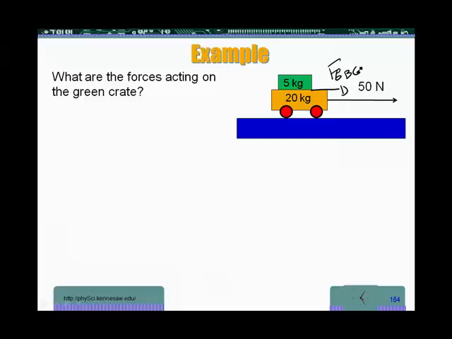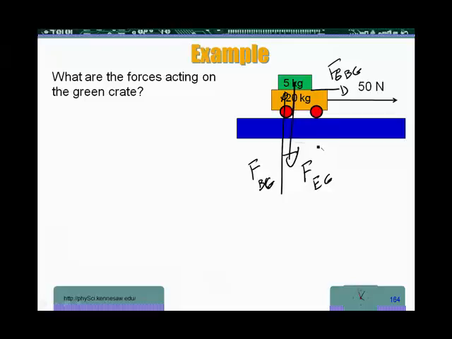Okay, the other force is, let me make it big so we can see it, the gravitational force that the Earth exerts on the green crate. And the third force is going to be the normal force that the buggy exerts on the green crate.